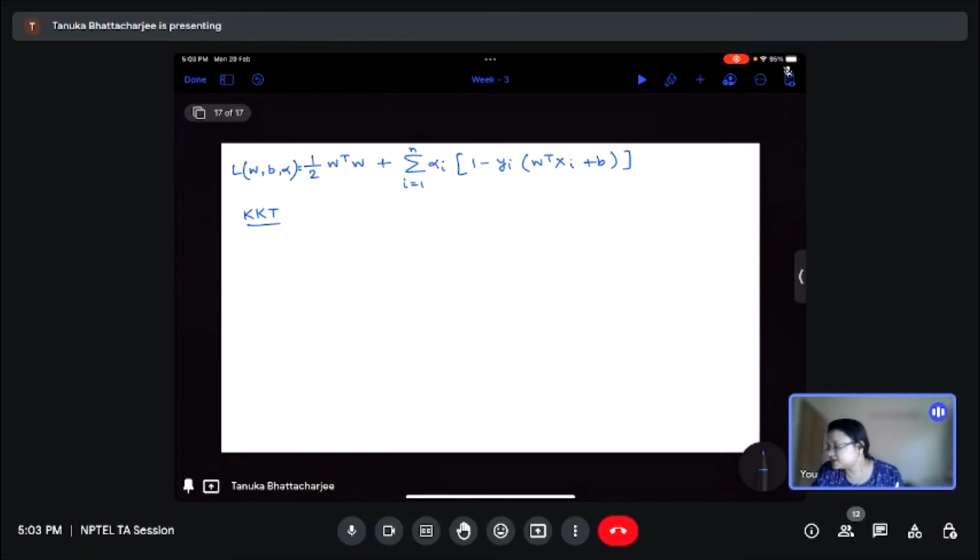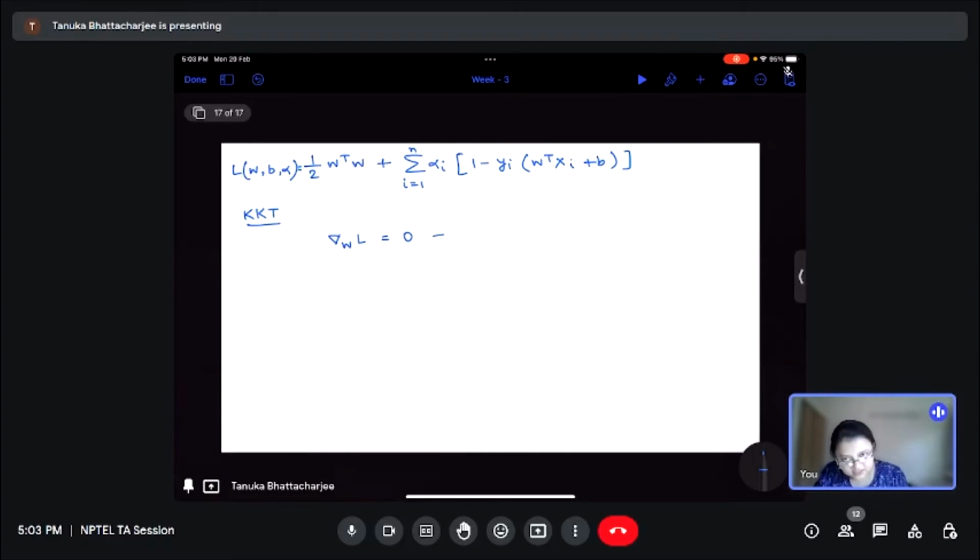So the conditions that we will have for solving this optimization problem: the first one is the gradient of L with respect to W equal to 0. These are the standard KKT conditions I am putting down for this type of constraint.